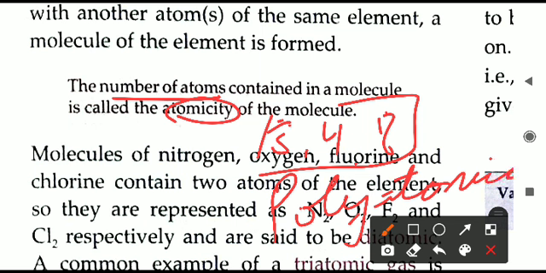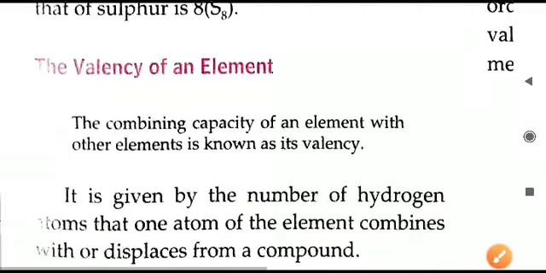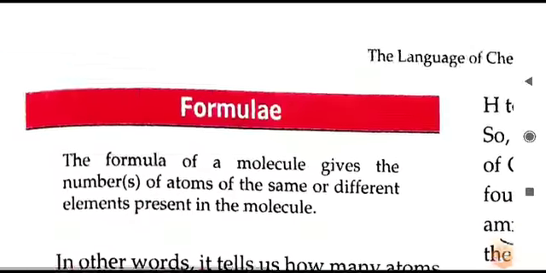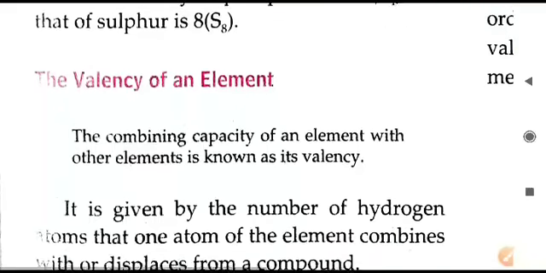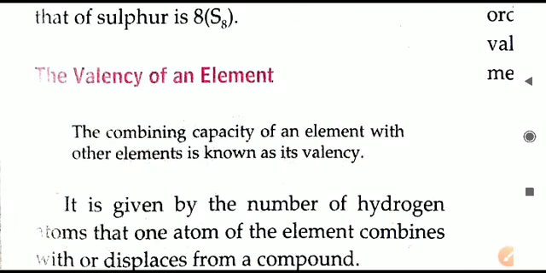Up to atomicity 2 we will not say that, but if the atomicity is more than 2, then we can say the substance is polyatomic. So that is all we have learned about the formulas and the atomicity that we get to know from the formula only.